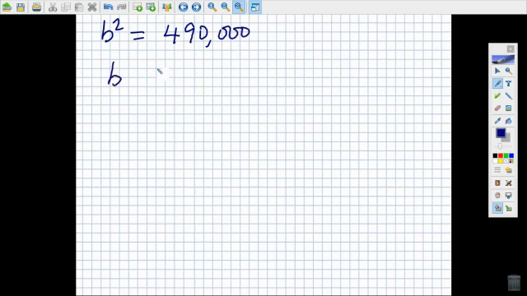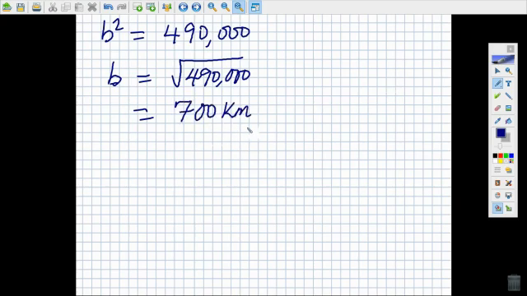Then b will be equal to root 490,000, which will give us 700 kilometers.